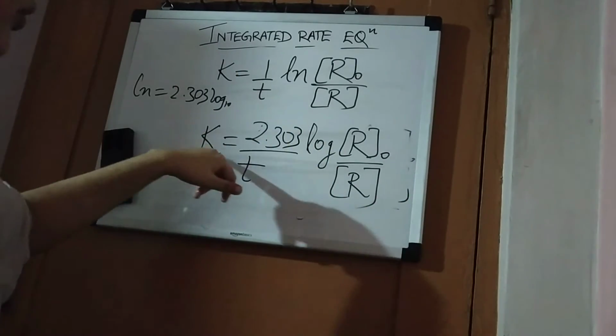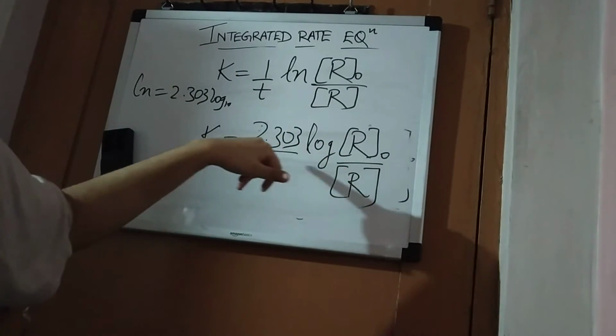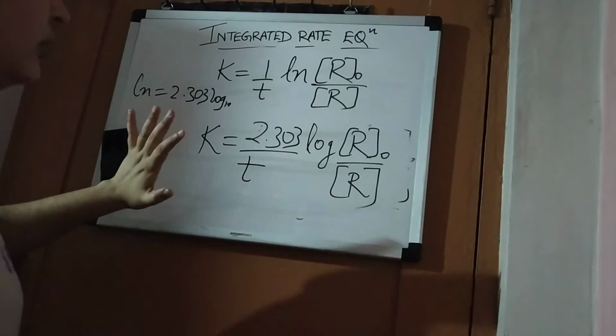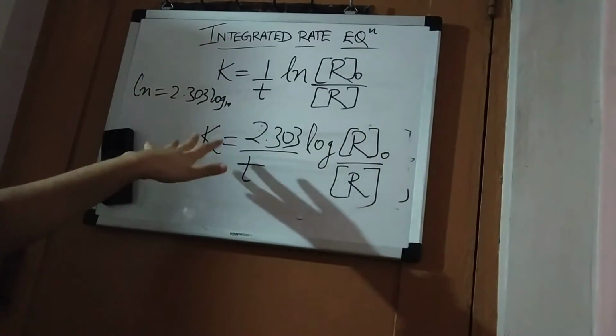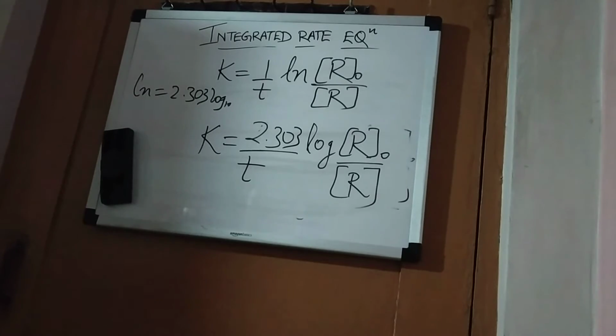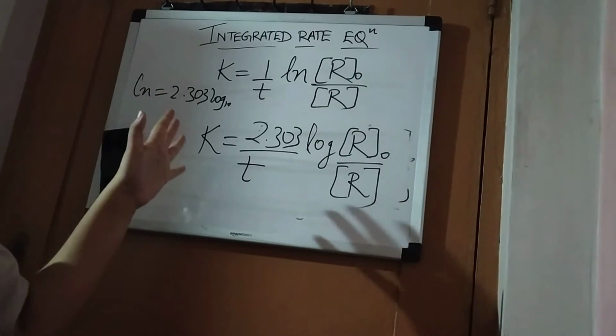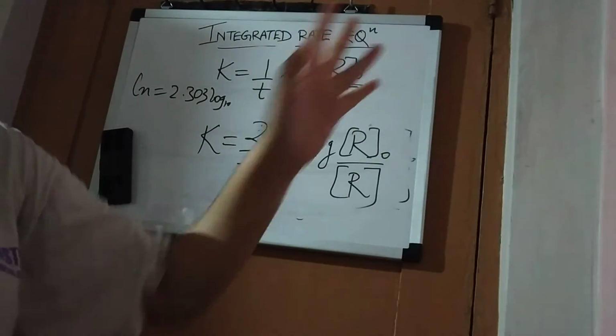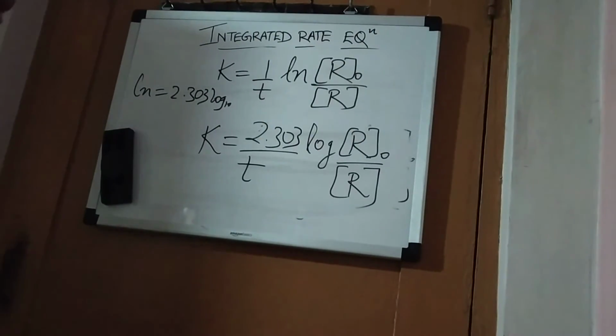So you will get slope equal to k upon 2.303. So this is another equation for finding k. This is how we find k from the integrated rate equation of first order reaction, right?